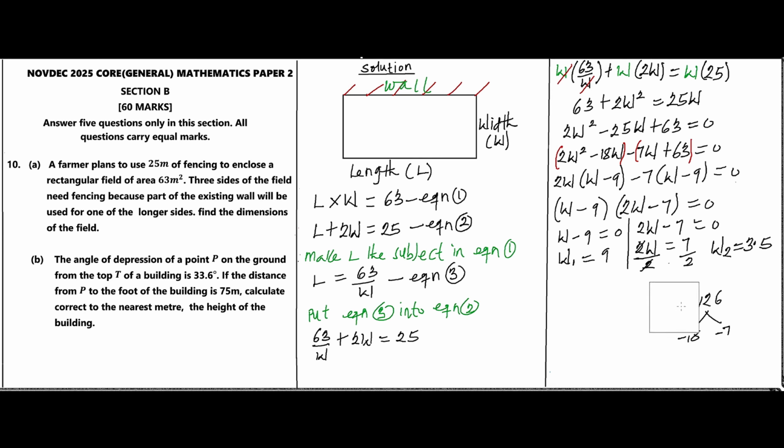Now that we have the values of W, we need the values of L. So how do we do that? We are going to substitute the values of W into any of the equations. I'm picking equation 2.